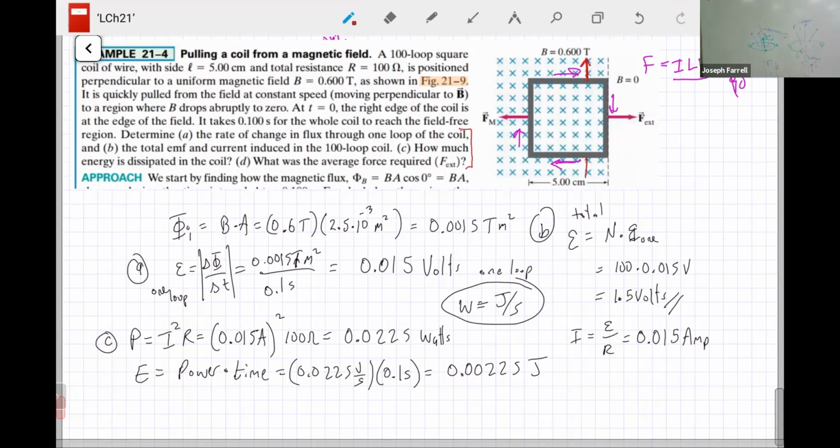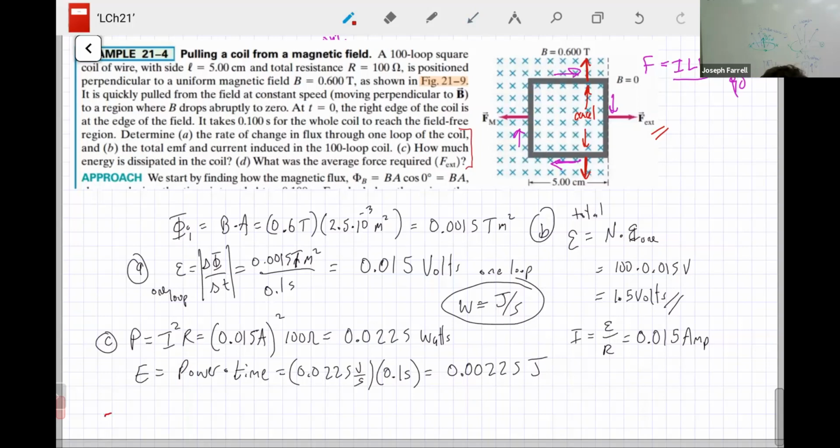The one pointing up and the one pointing down are going to cancel, because that's the same. But this one side is sticking out, so it's not going to have a force on it. This side is unbalanced, so it has to be balanced by an external force. And so we have to find that out.